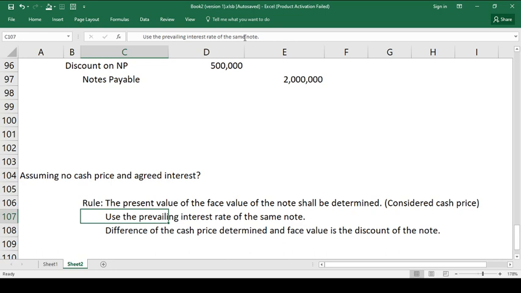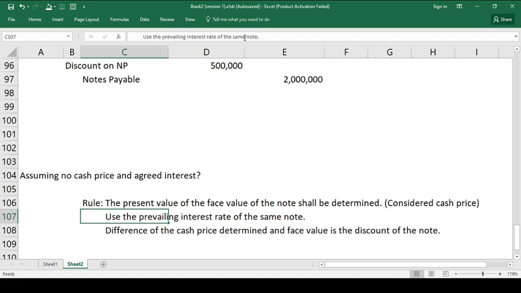The difference of the cash price determined and the face value of the note is the discount on the note. Take note na you need to present value the face value in order for you to determine the discount of the note. Kailan lang po to applicable na rule?